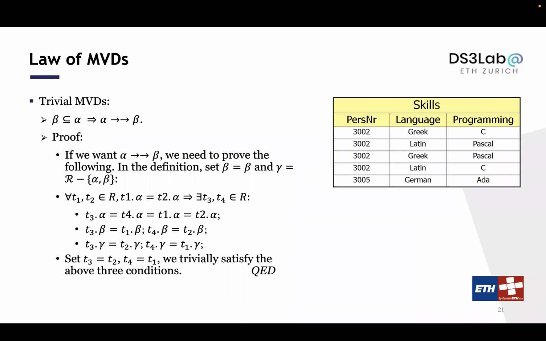So you do not need to enforce the beta condition because it always holds. Then all you need is, you want T3 to share gamma value with T2, so I just set T3 equal to T2. You want T4 to share gamma value with T1, so let's set T4 equal to T1. Once you do that, that's your T3 and T4, given this T1 and T2. So that's it. It's a very easy way to prove this trivial dependency.